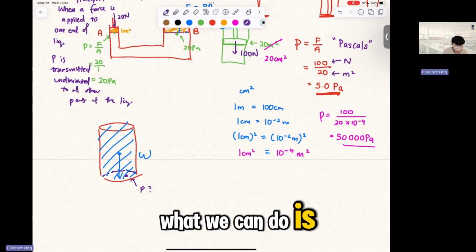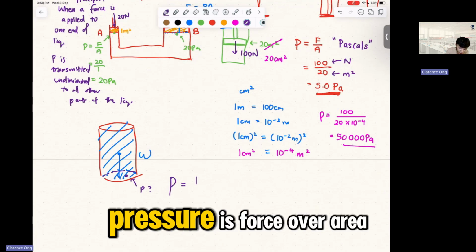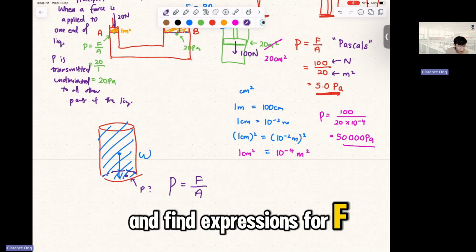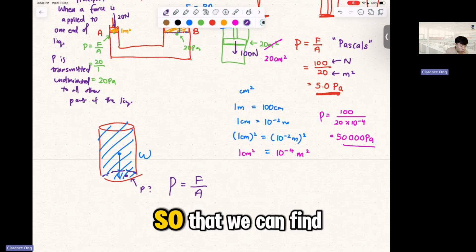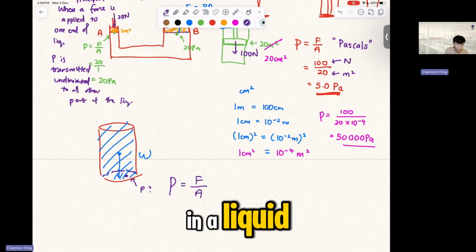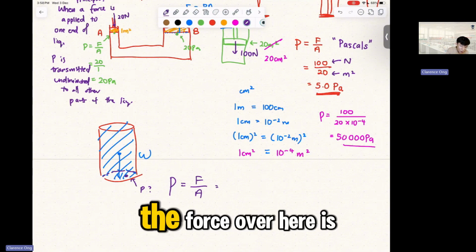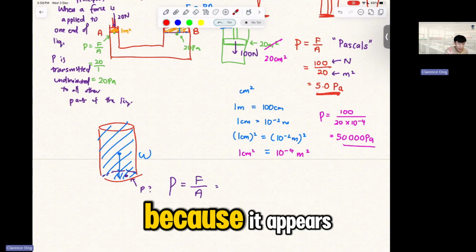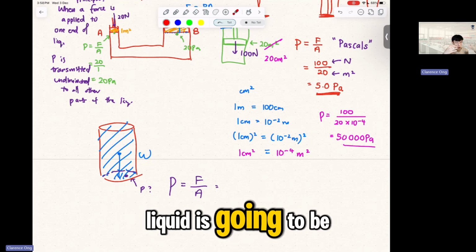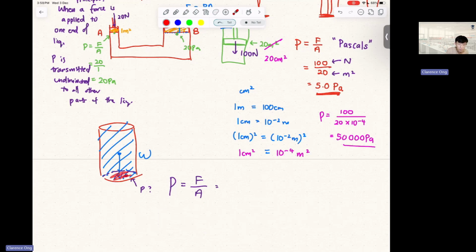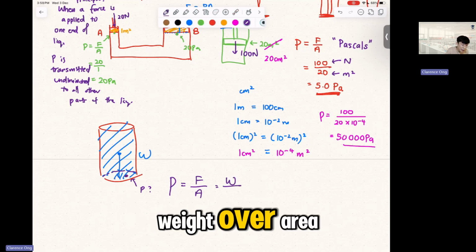What we can do is to use the general formula, pressure is force over area, and find expressions for F as well as for A, so that we can find a general formula for pressure in the liquid. The force over here is just the weight of the liquid, because it appears that the weight of the liquid is going to be the one that is pressing down on that bottom surface. The weight over area.